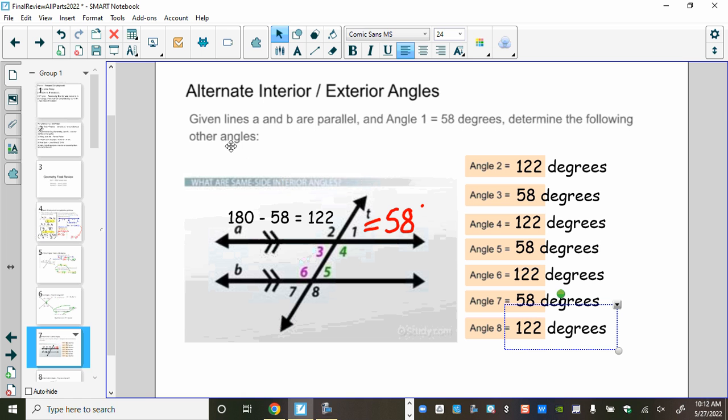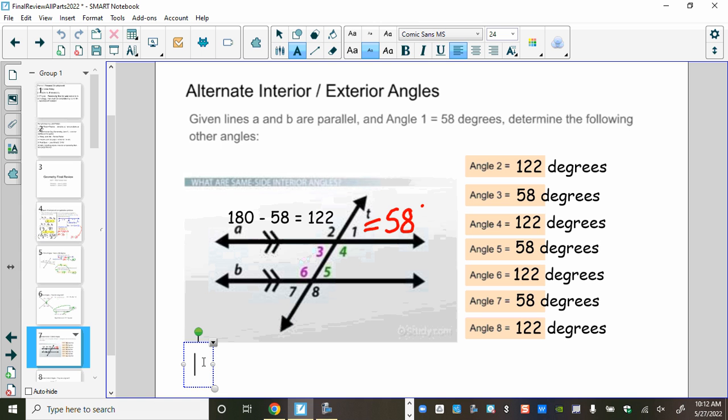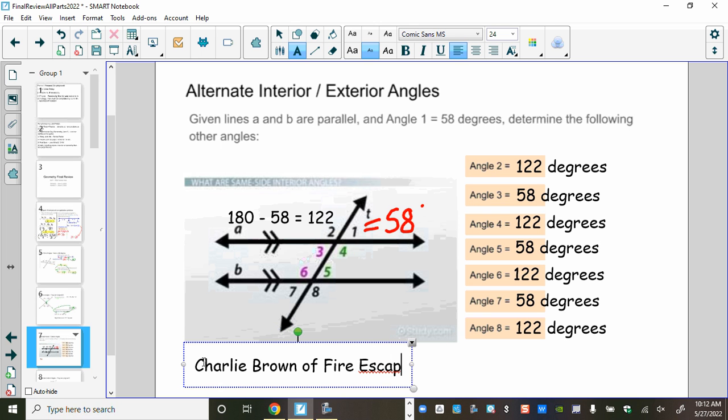So yeah, good idea. Very good. So you can nickname this Charlie Brown or fire escape because of the zigzag.